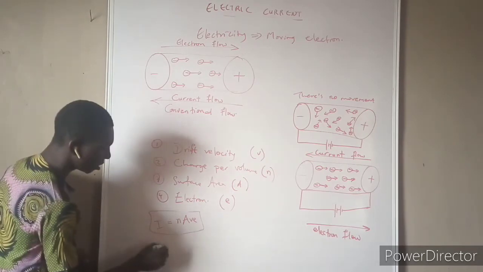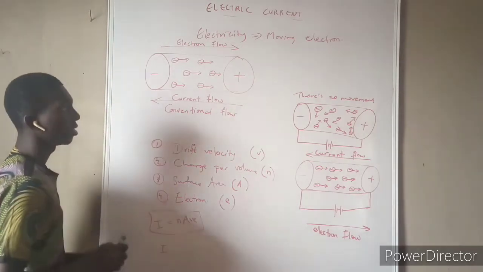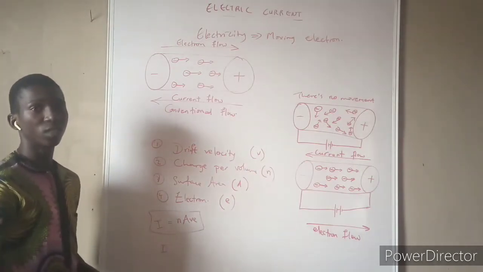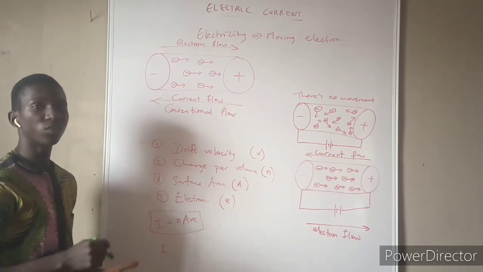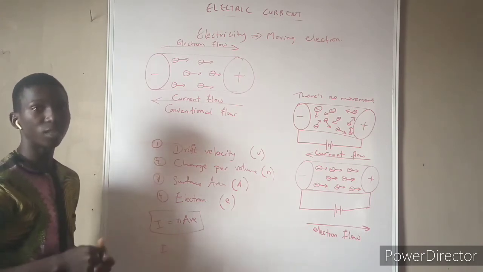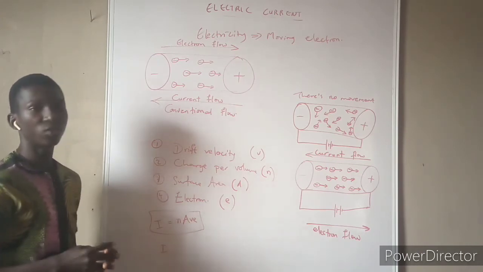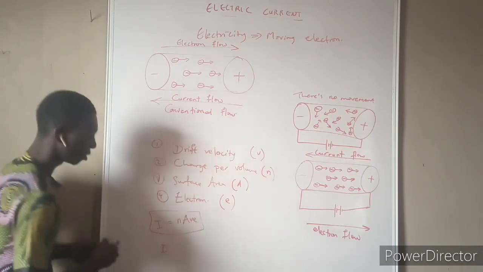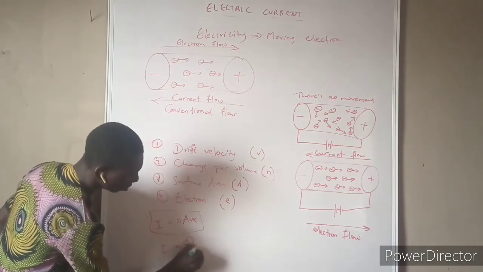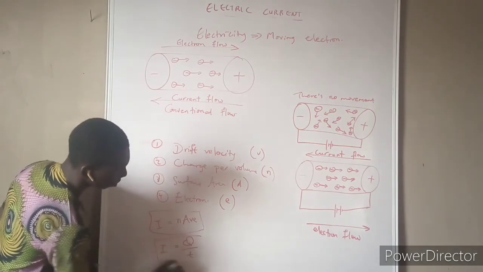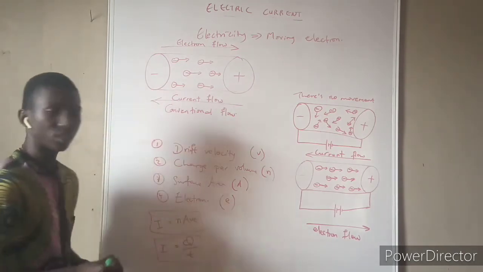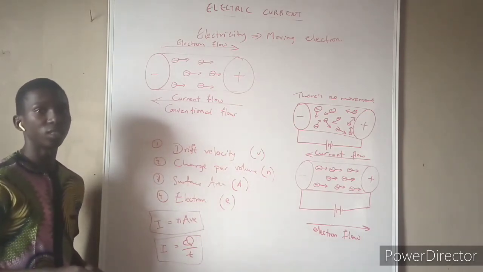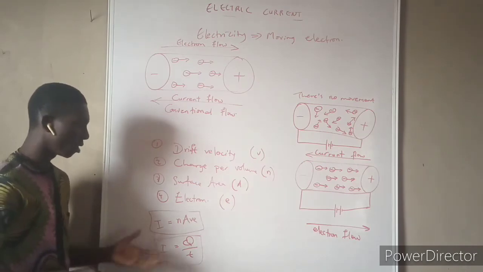At the same time, electric current may also be defined as the quantity of charge moved per unit time taken. I can say it's the rate of flow of charges with time, which brought about the formula Q over T. So current can be defined as the rate of change of quantity of charges in the metallic conductor.